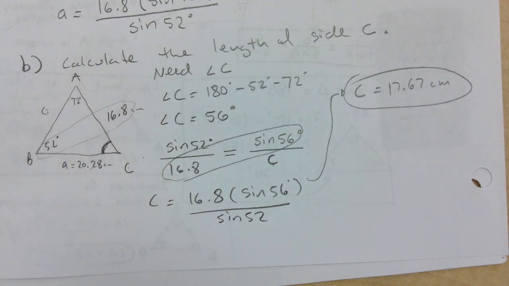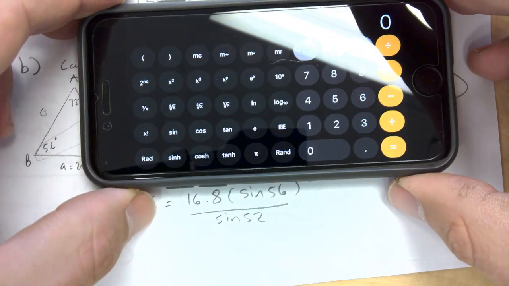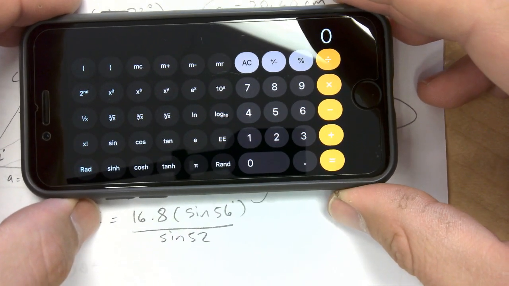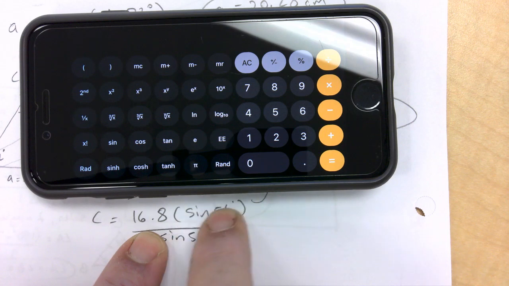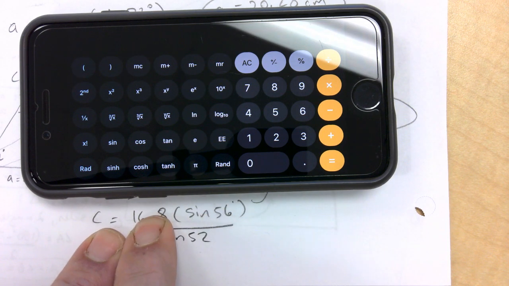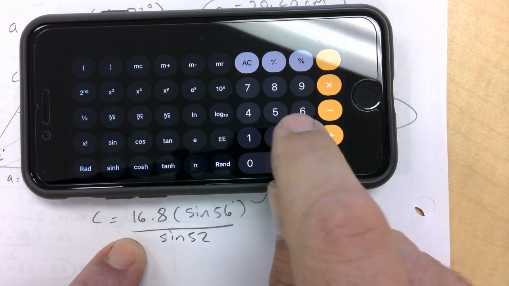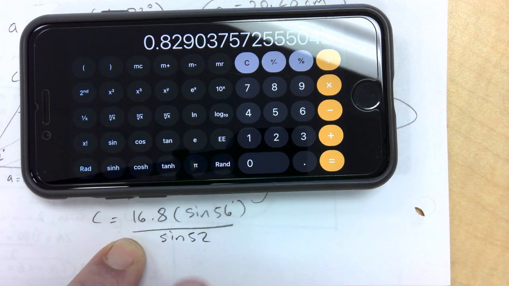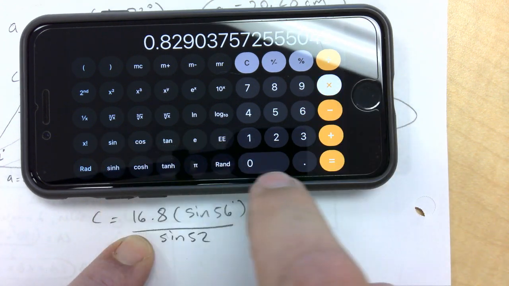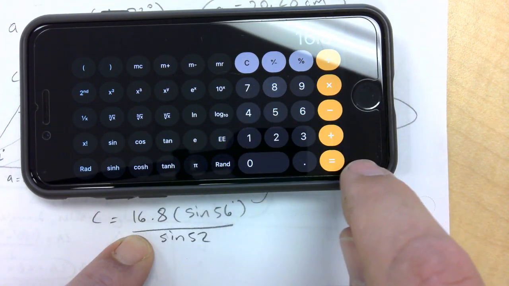Where's my phone? I'm going to try this. Okay. So if this is what you're stuck with, I would do this first. I find what this is, I multiply it by that, and then I divide it. So this is what you need to do. 56 sine, that gives you the value for sine of 56, times 16.8.